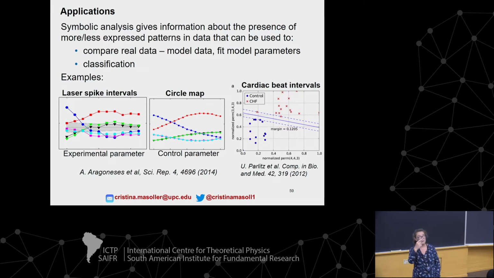If you plot the probability of one pattern versus the probability of another pattern, you can separate healthy people from people that have some heart disease. That's interesting, and it's very robust to noise. If you contaminate the time series with noise, you need to put in too much noise to lose these features.